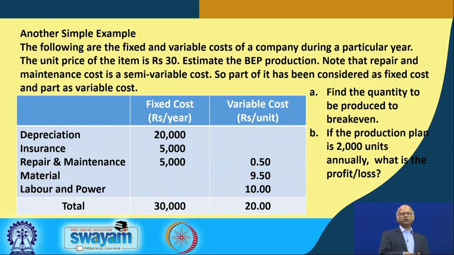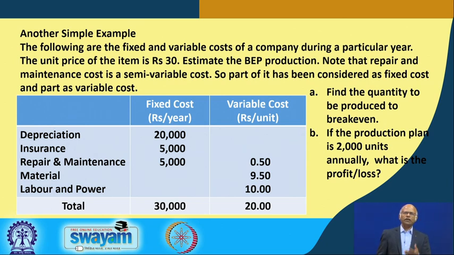That is 5,000 rupees. Whereas if you produce more, there is wear and tear and you have to do a lot of troubleshooting, contributing something like 50 paisa per unit of product on an average. So, this is an example to estimate break-even point with mixed cost, fixed and variable.